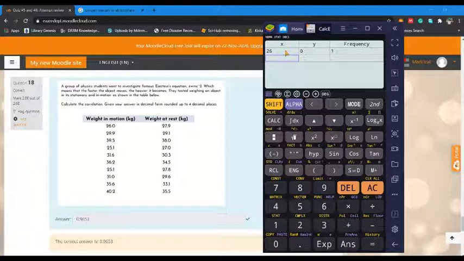Entering again: 26, 29.9, 39.5, 25.1, 31.6, 36.2, 25.1, 31, 35.6, 40.2.